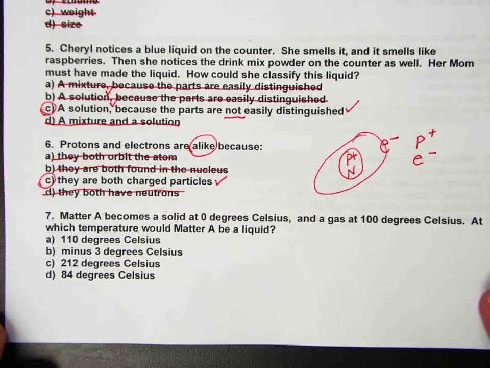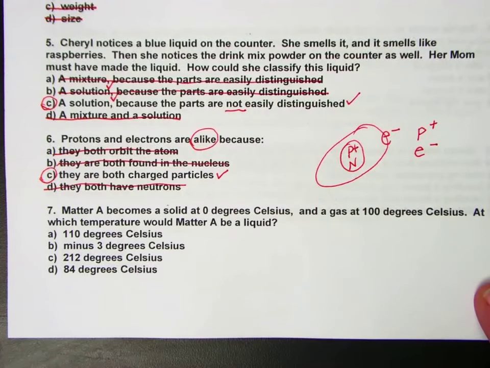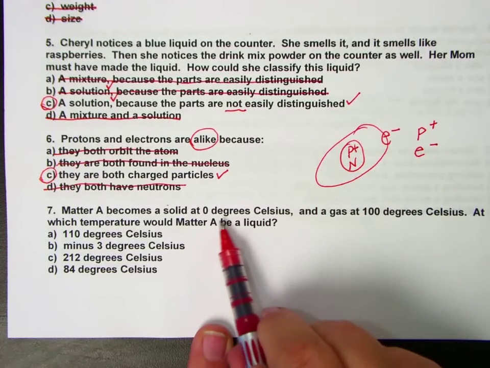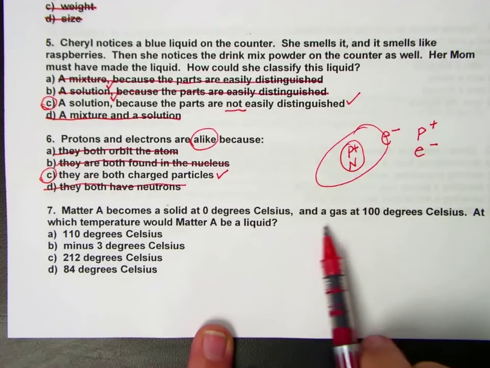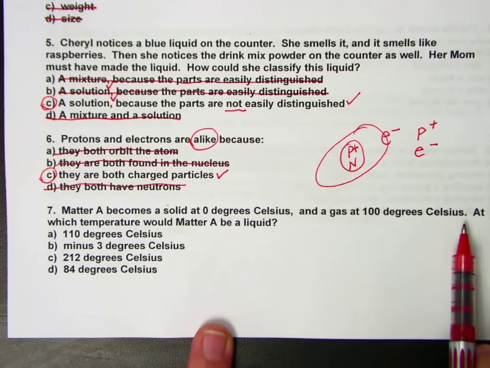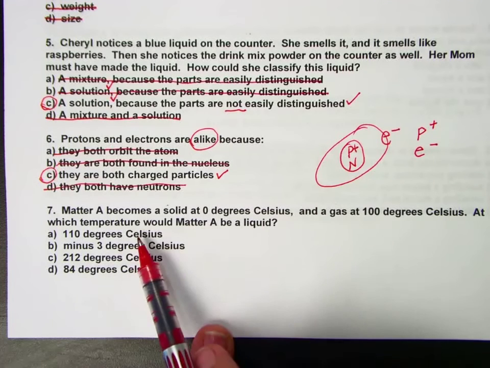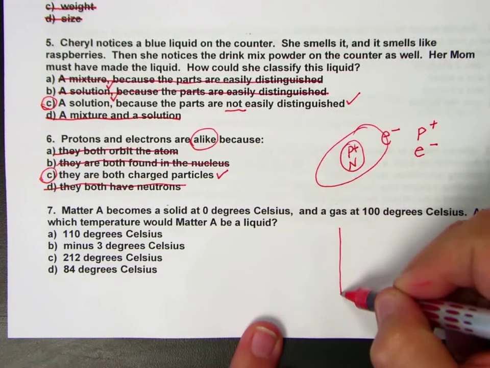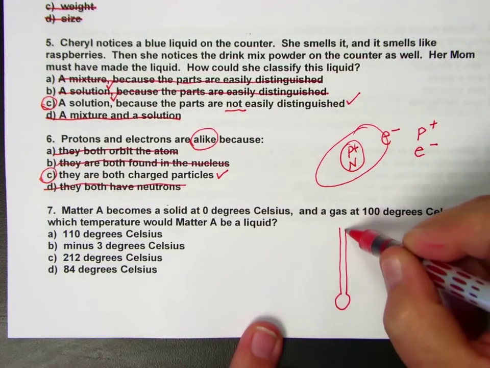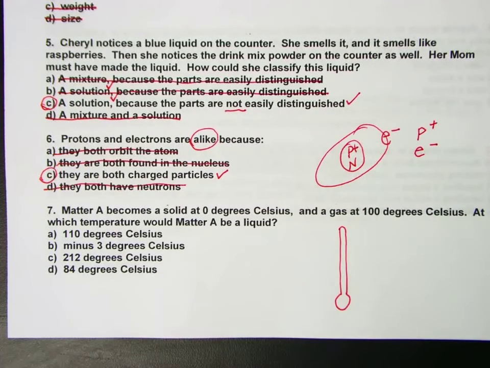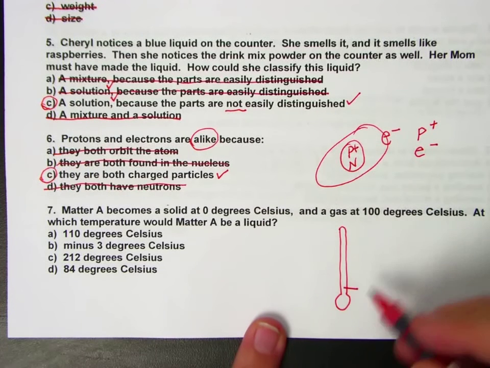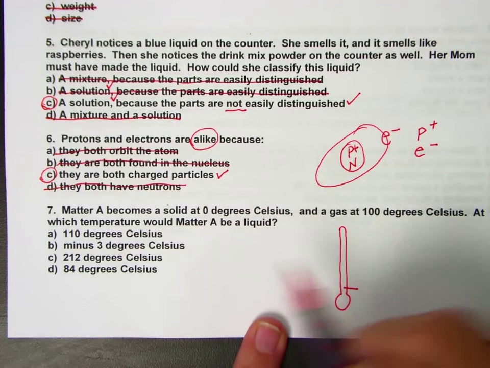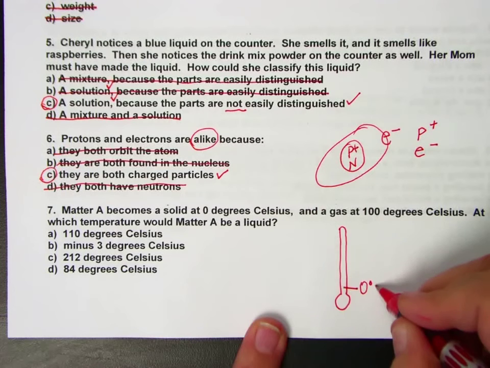Okay, the last one on page 1. Matter A becomes a solid at 0 degrees Celsius and a gas at 100 degrees Celsius. At which temperature would matter A be a liquid? Okay, so that's where we need to draw our thermometer, and at the bottom is where we're going to put the lower temperature, so 0 degrees Celsius.